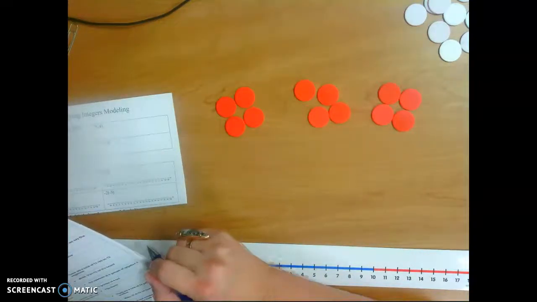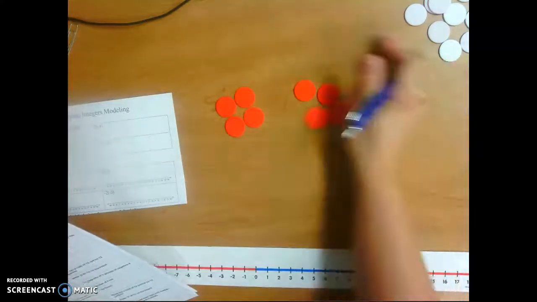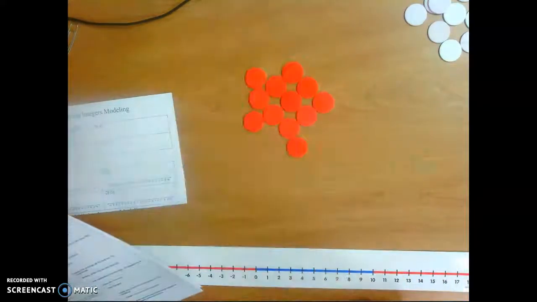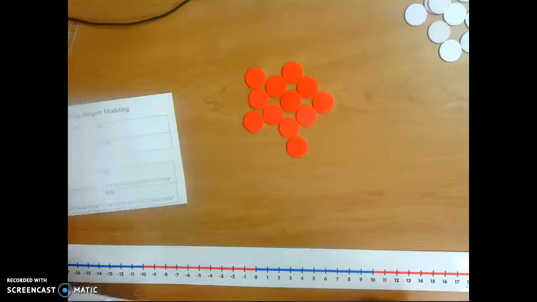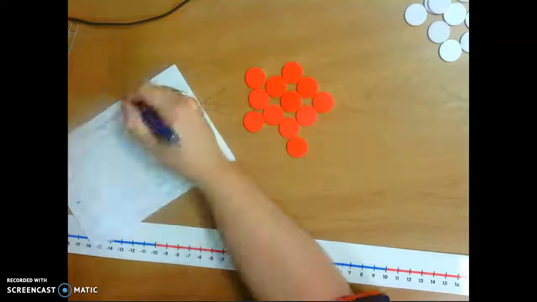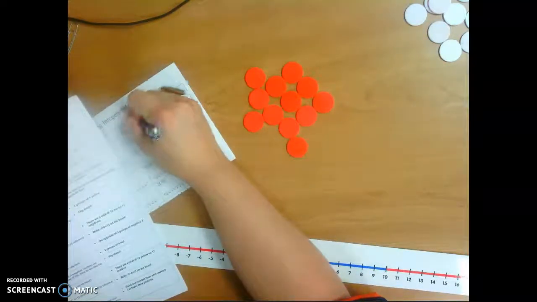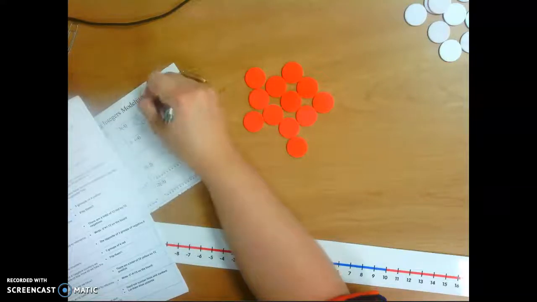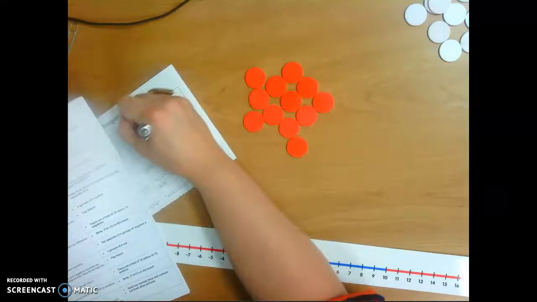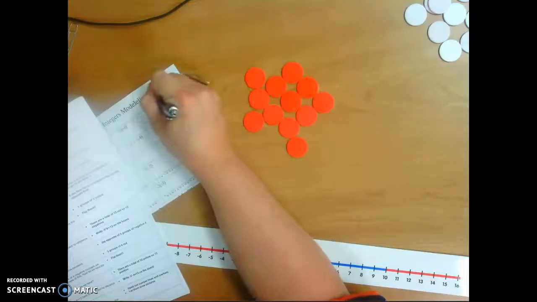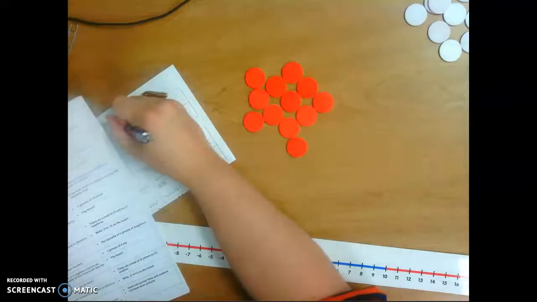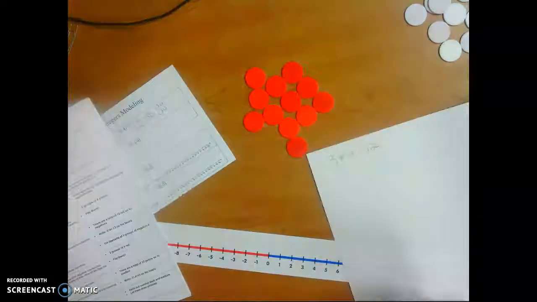So then we ask ourselves, how many total counters do we have? There are a total of 12 red, so 12 negative counters. All right, so 3 times negative 4 equals a negative 12.